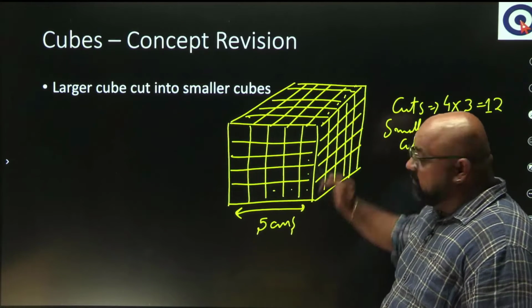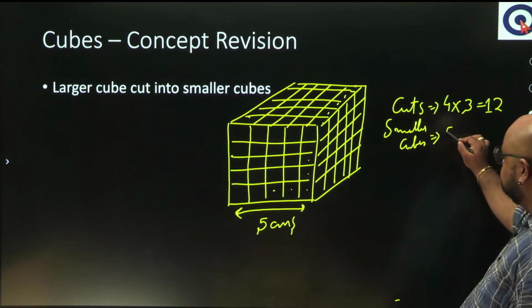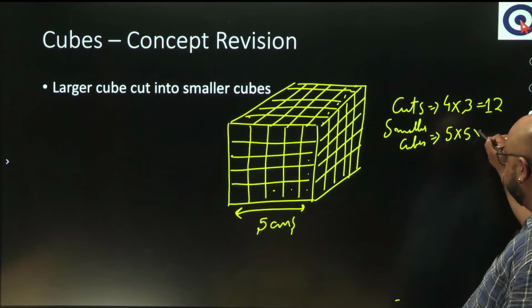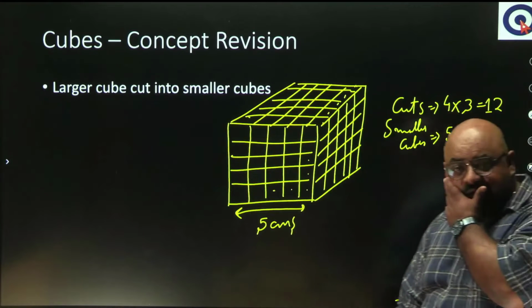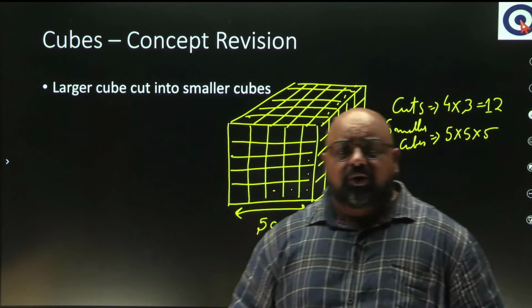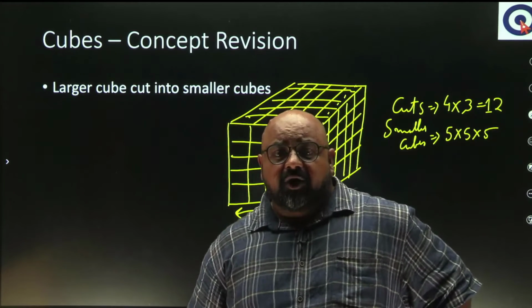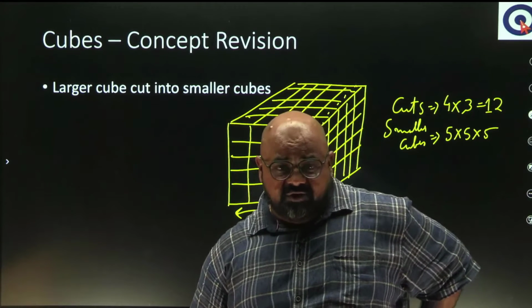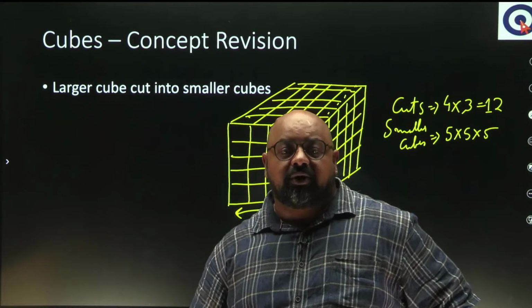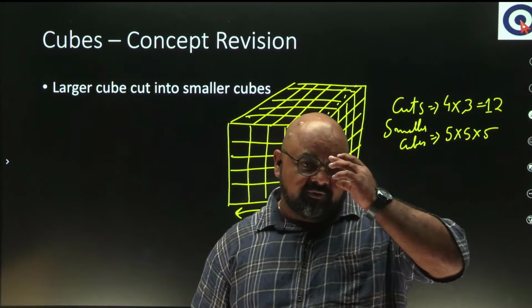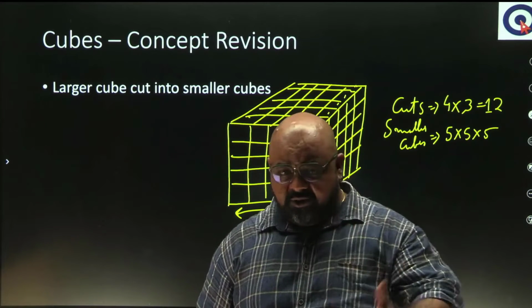The number of smaller cubes will be 5 into 5 into 5. 125 smaller cubes will be formed. You can also look at it by saying the volume of the larger cube is 5 into 5 into 5. That of the smaller cube is 1 into 1 into 1. And therefore, the number of cubes will be 125 upon 1, which will come out to 125.